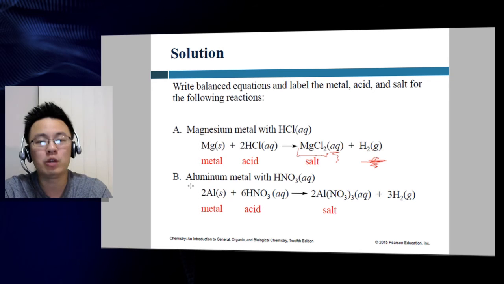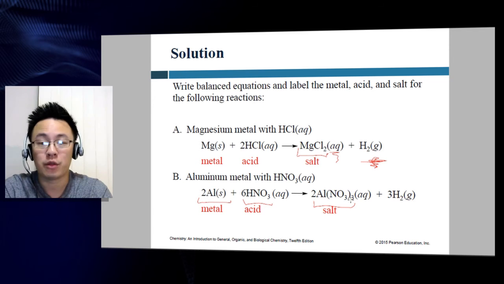And same thing here with the aluminum metal with HNO3. The aluminum is reacting with HNO3, which is an acid, and it will produce that salt, 2 moles of Al(NO3)3 aqueous, and of course hydrogen gas is produced as well.